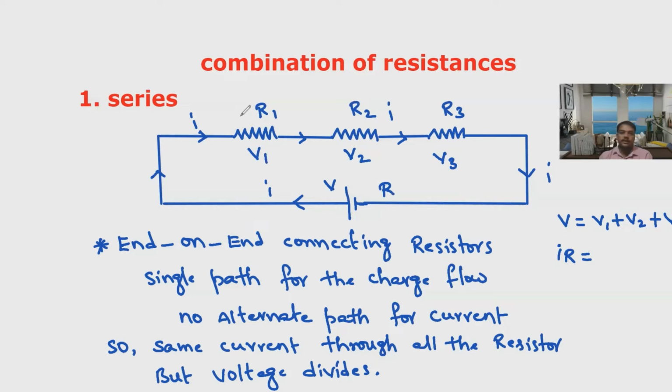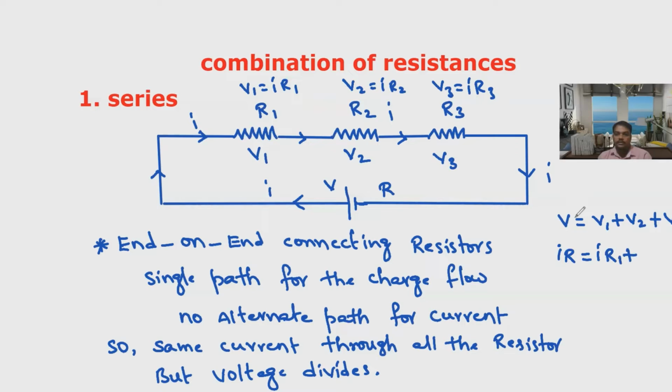V1 is the voltage across R1. According to Ohm's law, V1 is equal to IR1. V2 is IR2. V3 is IR3.